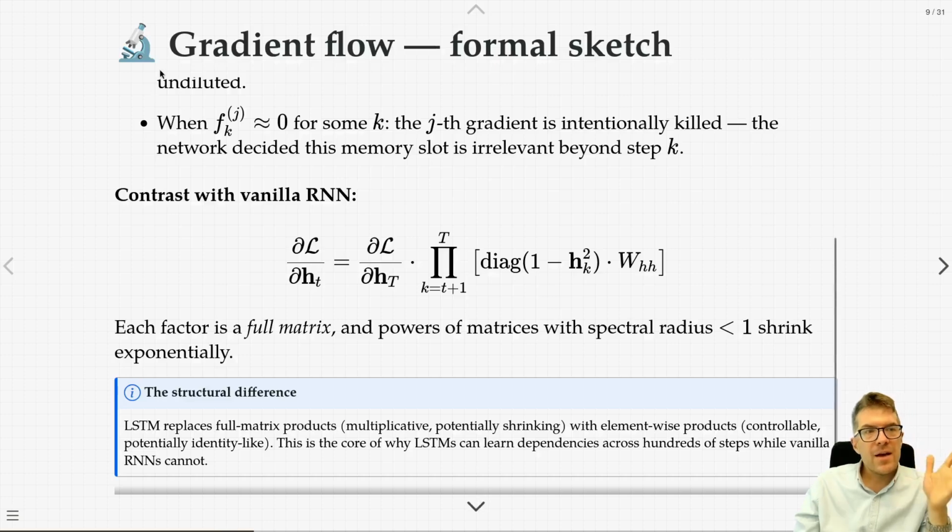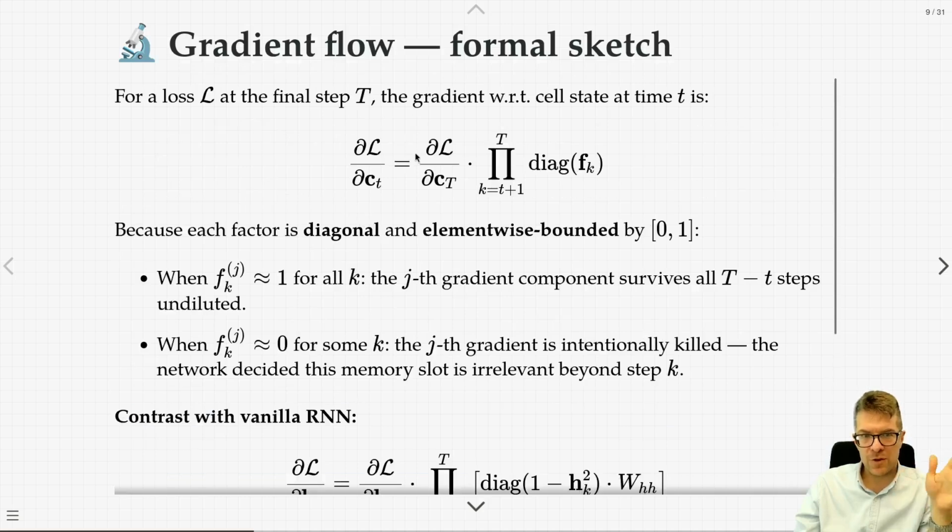So all good. A bit of a side note here, we also want to talk a little more about the gradient flow in detail. For the loss at the very end, at the final step T, assume it's a many-to-1 RNN. The gradient with respect to the cell state at time t, using the chain rule, will be the gradient of the loss with respect to C sub T times the product of k going from t plus 1, the next time step, all the way to T. All these diagonals that we just defined in the previous slide are all we need to define the gradient through the network, and each diagonal is on the forget gate.